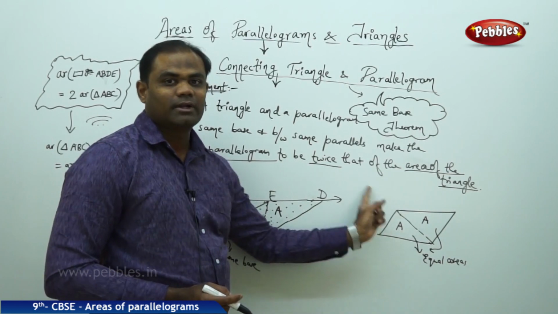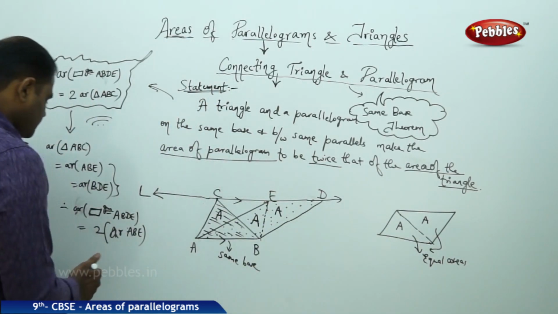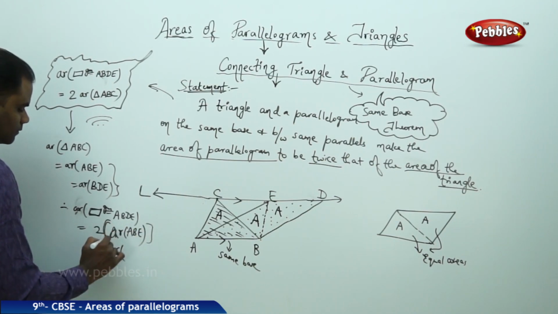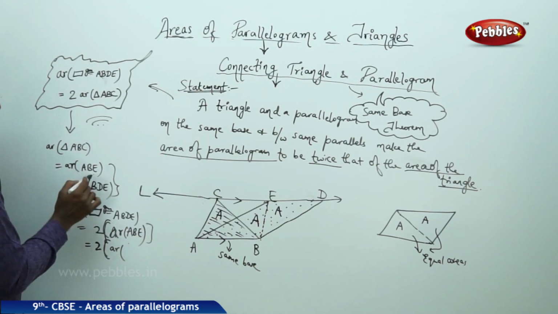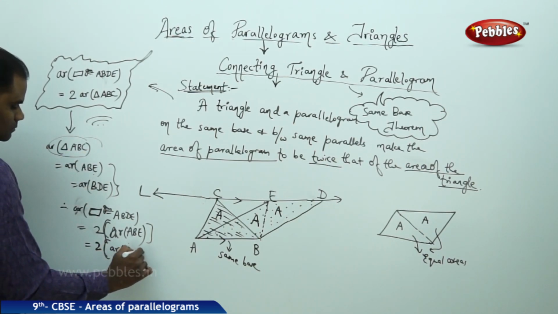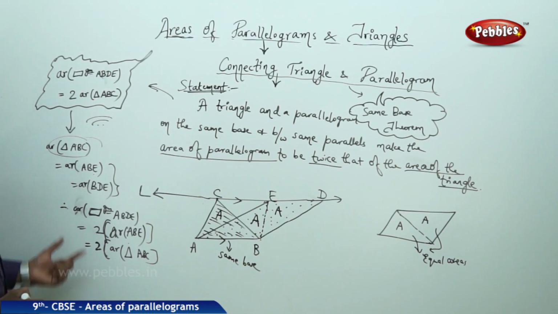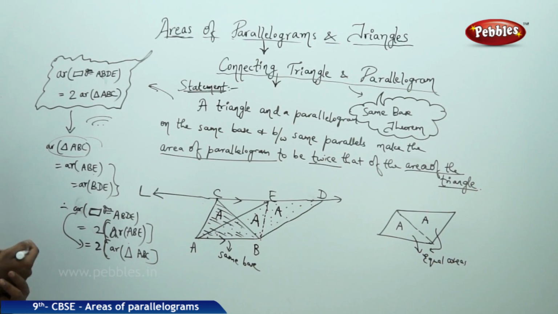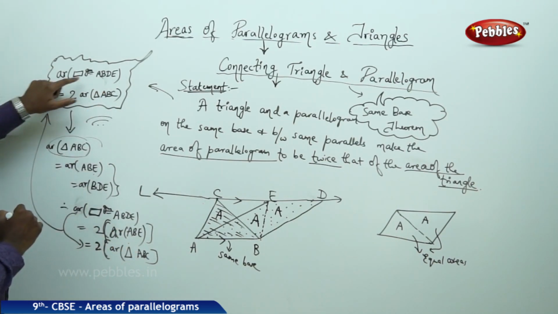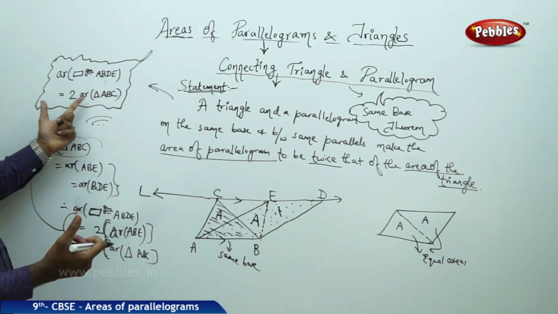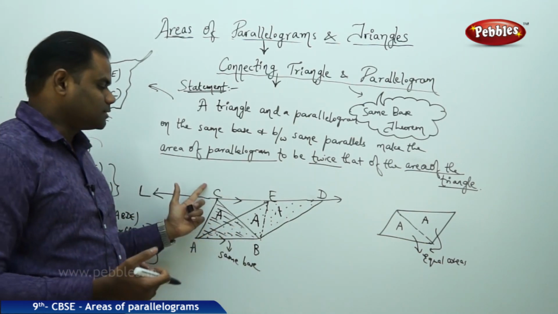These two areas divided by the diagonal are equal, which is nothing but 2 times the area of ABE, which is equal to ABC. Therefore, the area of parallelogram ABDE is equal to twice the area of triangle ABC. That is, the area of parallelogram ABDE is double or twice the area of triangle ABC.